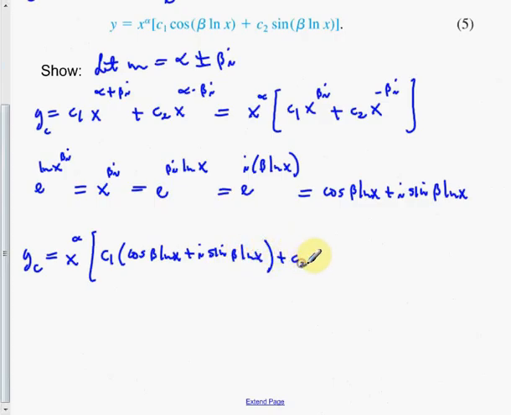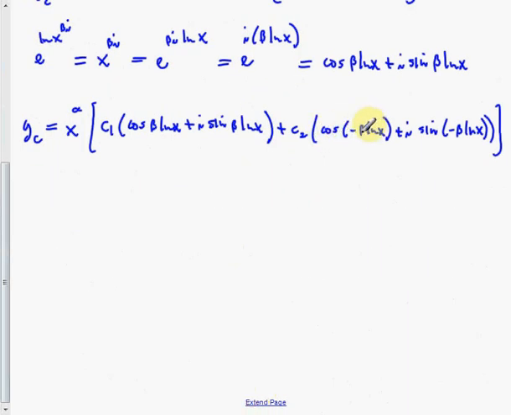Now plus c sub 2, this is x to the negative beta i. So where I have beta natural log of x, we just put a negative there. In parentheses, cosine of negative beta natural log of x plus i sine of negative beta natural log of x. Close this parentheses, close that parentheses, and then close the brackets.